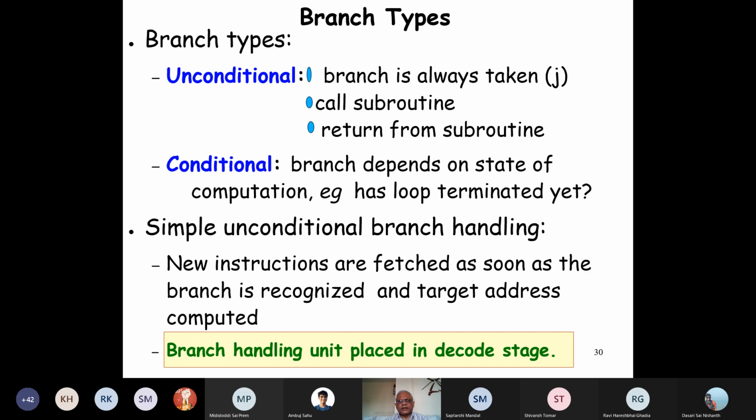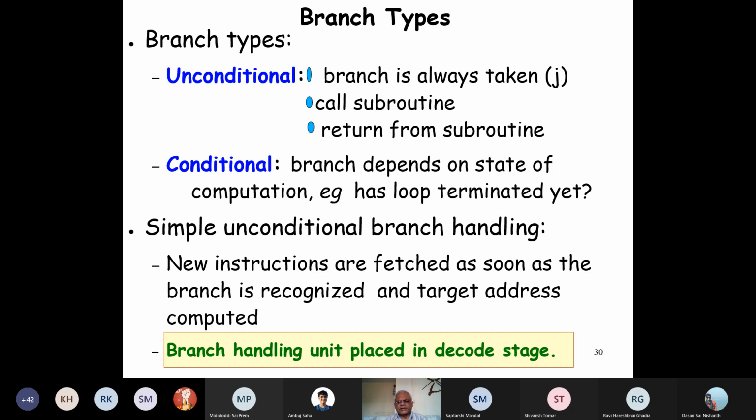And the branches can be unconditional or conditional. Jump, subroutine call, and return from subroutine, we call unconditional. The conditional ones are branch equal to 0, not equal to 0, etc. Now for the unconditional branches, there is nothing to resolve; basically no branch condition is there.